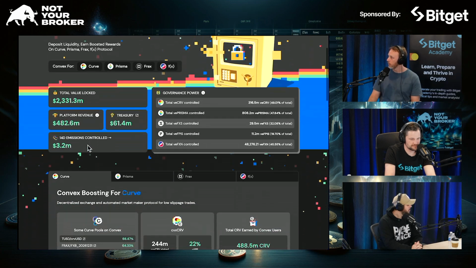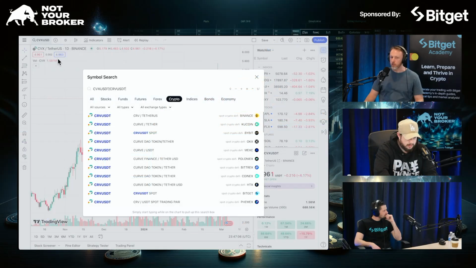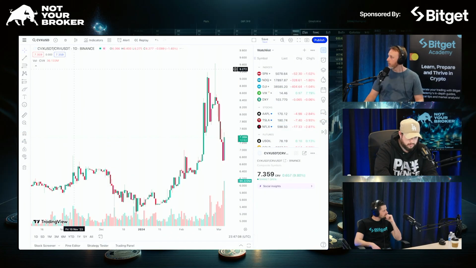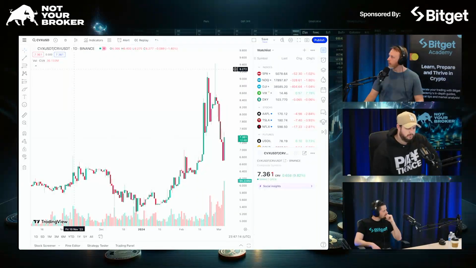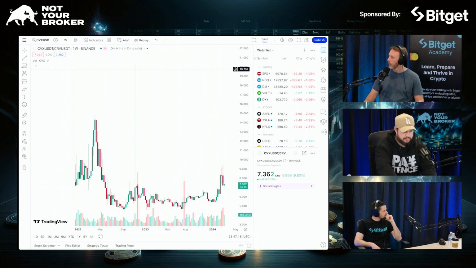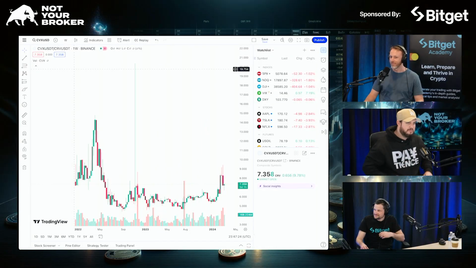If you pull up TradingView, you can see this. What you're doing here is taking Convex price and dividing it by Curve price to get the ratio. And then you can see the convexity of the move. If you zoom out to the weekly, you can see the relationship. Big fan of this one. This is where I already see people converting their Curve to Convex.